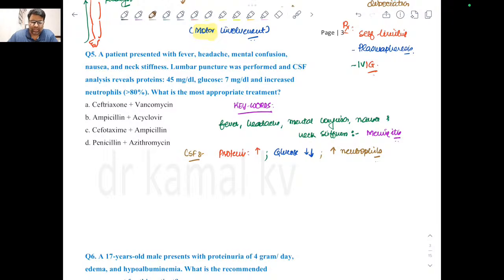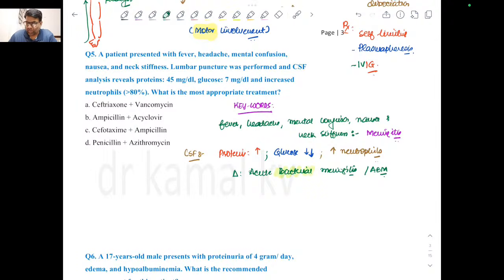So normally there should be no neutrophil, but here the neutrophils are very much high. So this all makes a diagnosis of acute bacterial meningitis, right? I think that all of you can make the diagnosis. So it's a bacterial meningitis. Now the question is about treatment.